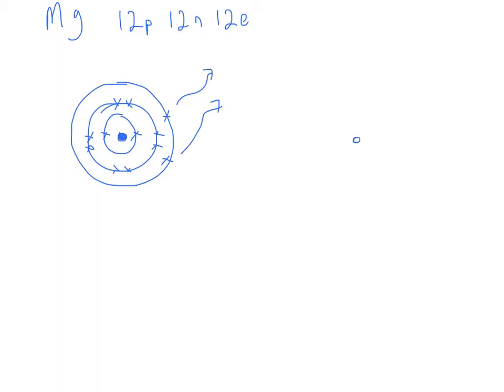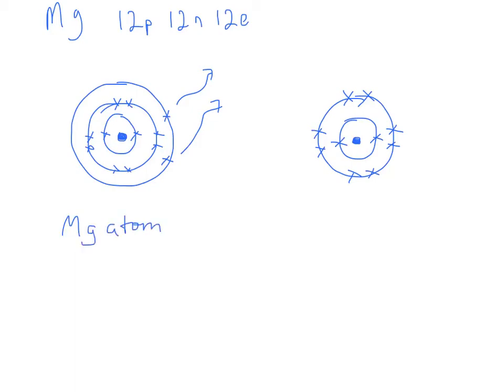And if it loses 2 electrons, the nucleus remains unchanged. There are 2 electrons on the first shell, and then 8 on the next shell, but no need for a third shell anymore. Now, this is the magnesium atom. No charge because it's got 12 protons, 12 neutrons and 12 electrons. That's 12 pluses.